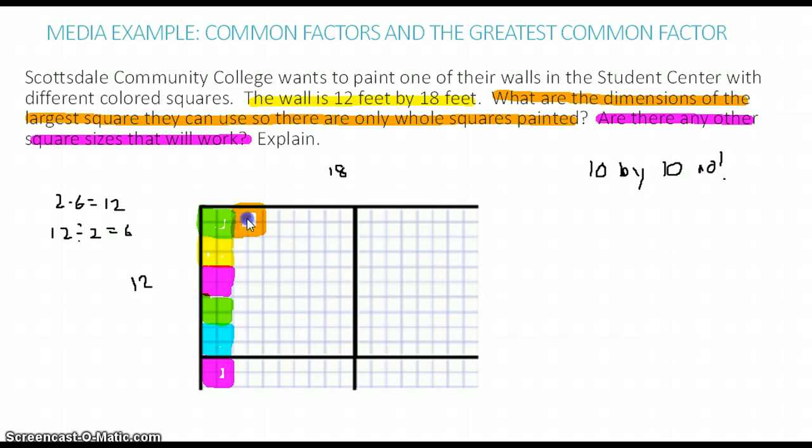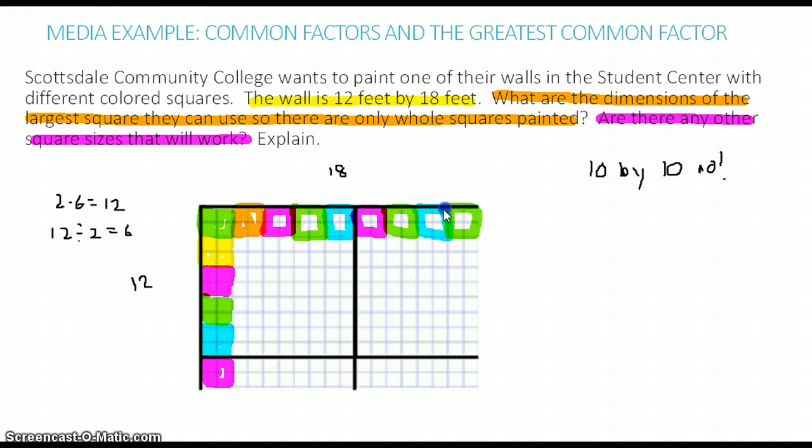Well, I could keep making 2 by 2 squares. And as I keep going, I'm wondering if I get to the end, will they all be filled in? And we're almost done.